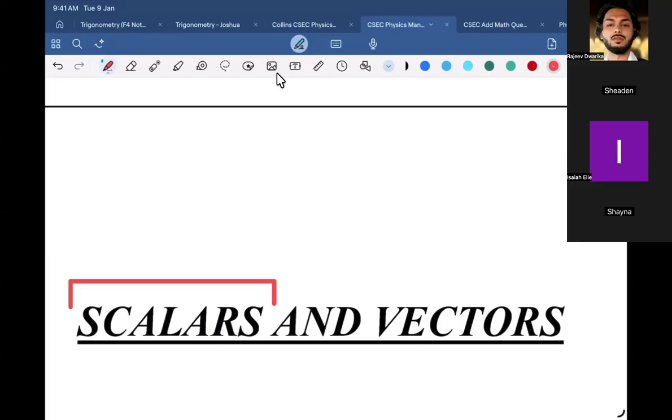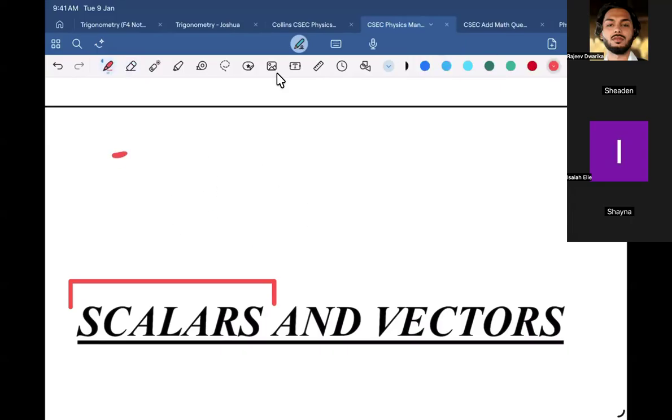What is something that keeps on moving forward but can't go back? Time. Time is an example of a scalar quantity.